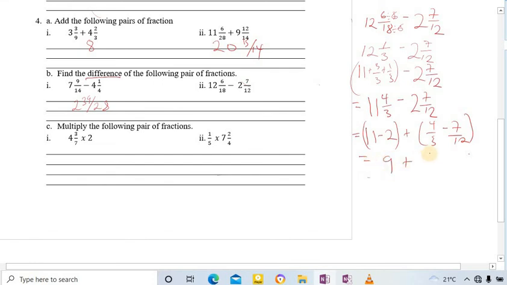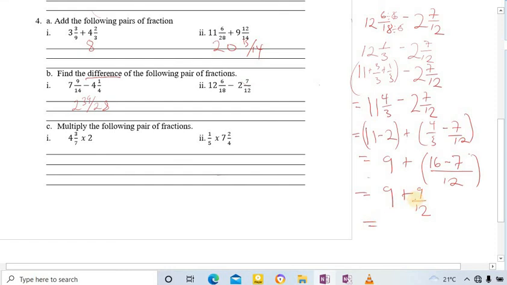We look for the LCM of 3 and 12, which is 12. 3 into 12 4 times. 4 times 4 is 16. 12 into 12 1 time, times 7 is 7. So this becomes 9 plus 16 minus 7, which is 9 all over 12.